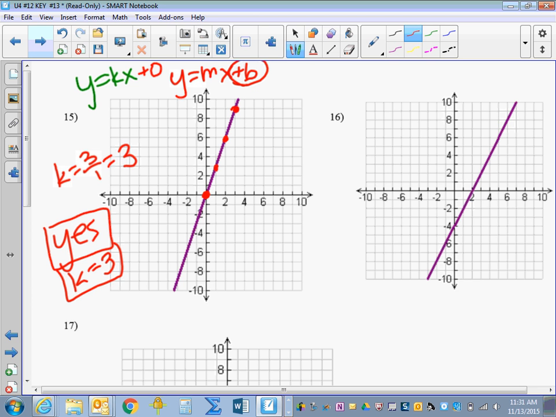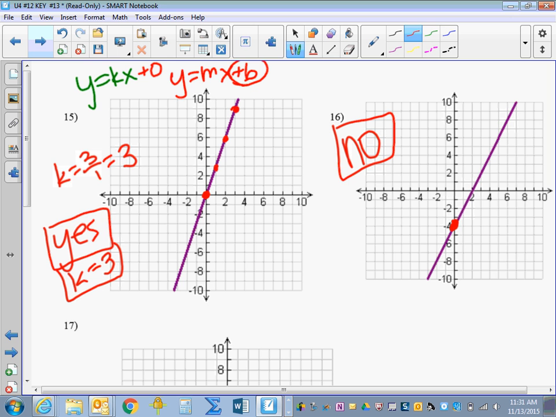Alright, so let's take a look at number 16. First question, does it pass through the origin? Is my y-intercept 0? Well, here my y-intercept is -4, so I immediately know that no, this is not a direct variation. It has to go through the origin for it to be a direct variation.